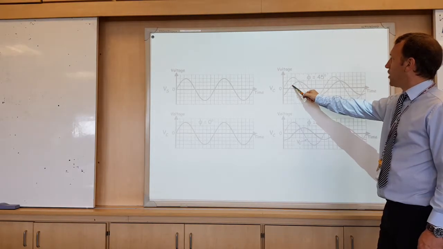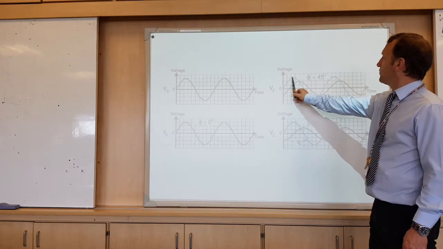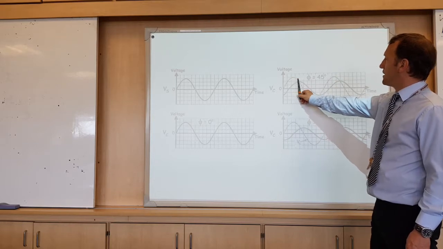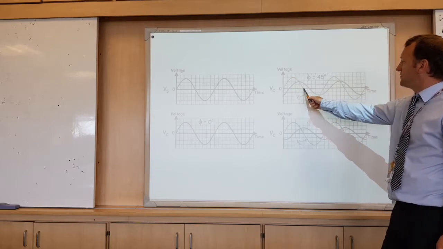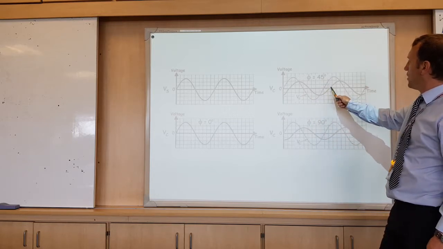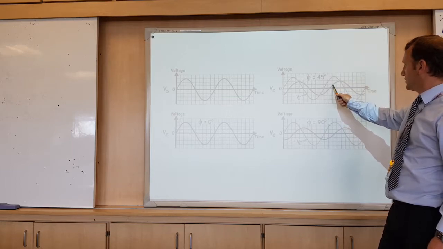Then the load will be on for a short amount of time until the thyristor voltage goes negative, so it's off all the time there, and then it will come on when this reaches the threshold voltage.